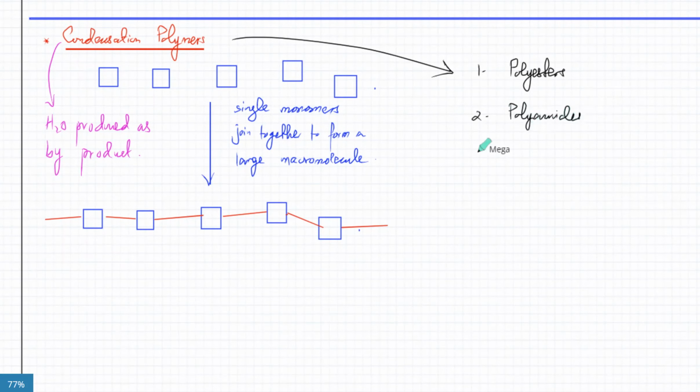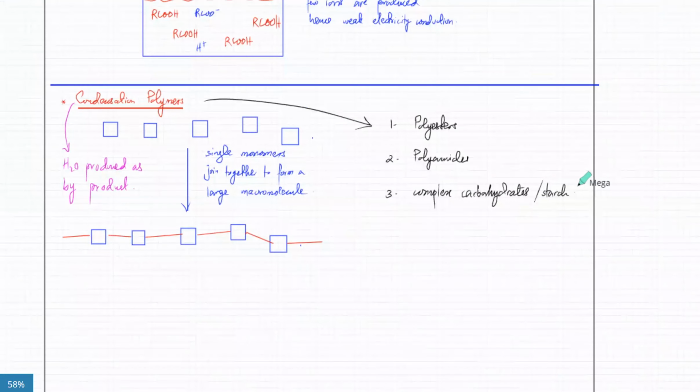And the third type is known as complex carbohydrates or starch. So three types of condensation polymers.